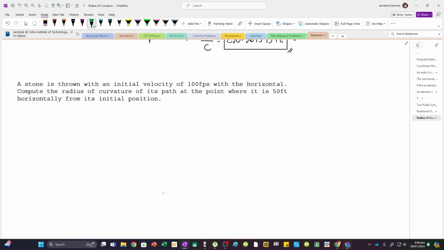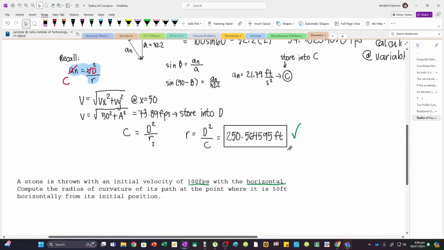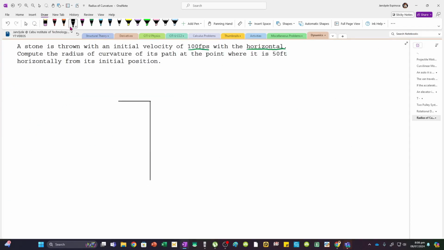So, we have a stone thrown with an initial velocity of 100 fps with the horizontal. So, let's just assume that this is thrown at a high elevation. So, therefore, this is the path.